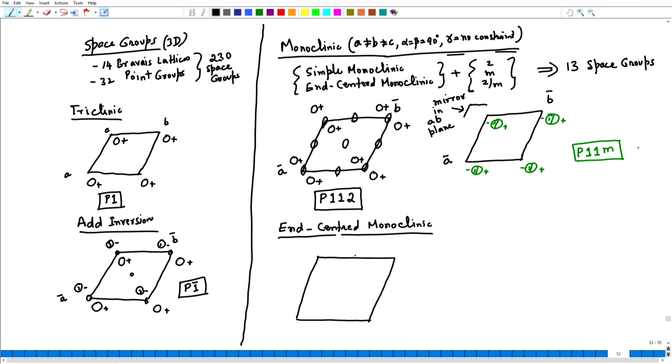So, I have, and let us say this is A, this is B. Let us say the A face has the end-centered lattice point, and let us say that lattice point out here will be indicated like this, but these lattice points I will just say half, to indicate that it goes up half, by C by 2, and the two folds, let me put the two folds.